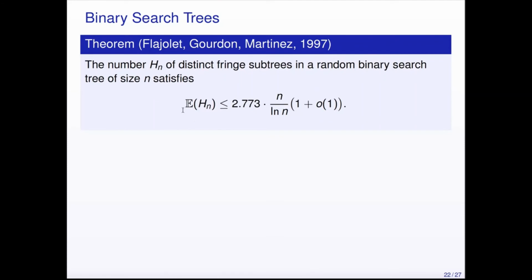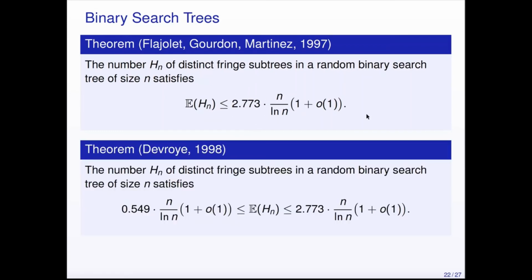So the expectation of Hn is upper bounded by n over log n times this constant. And this result was improved by Devroye in 1998, where he proved a corresponding lower bound. So he showed that the expectation of Hn is in theta of n over log n by reproving the upper bound and by showing a corresponding lower bound.